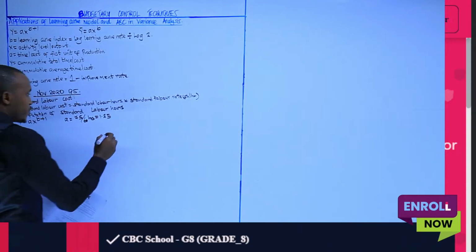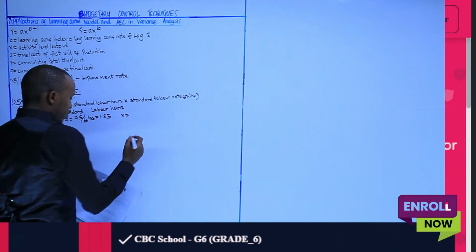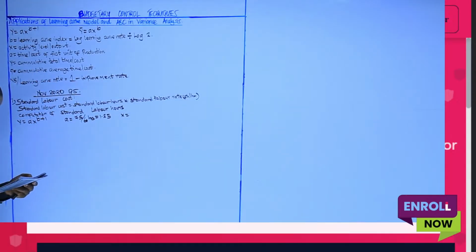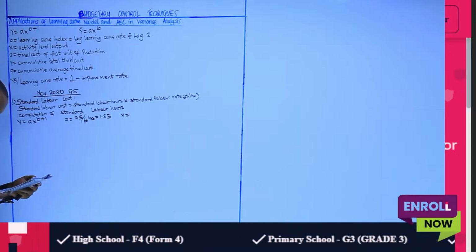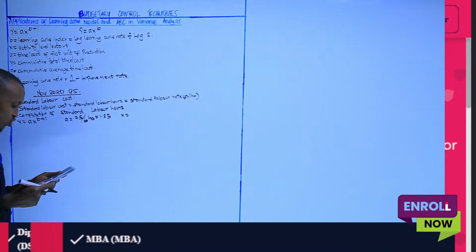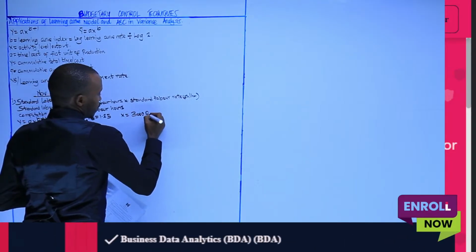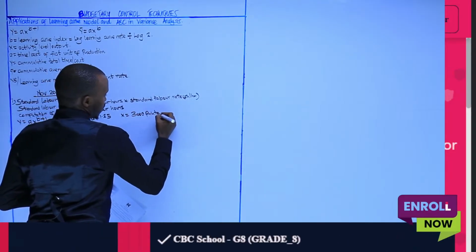Then your output that you had planned to produce is 3,000 units, 3,000 printers.